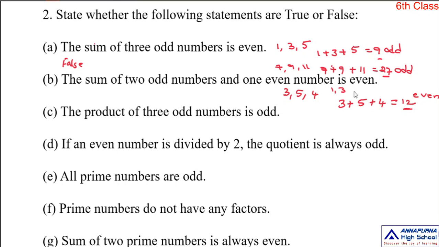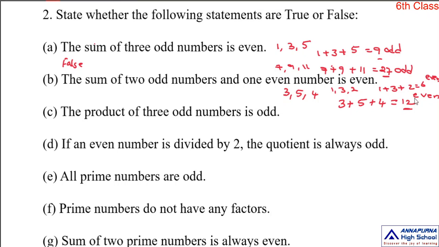1 and 3 are odd numbers and 2 is an even number. We add these three. What is the result? 1 plus 3 plus 2. 1 plus 3, 4. 4 plus 2, 6. 6 is also an even number. Here the result is an even number. The sum of two odd numbers and one even number is even.